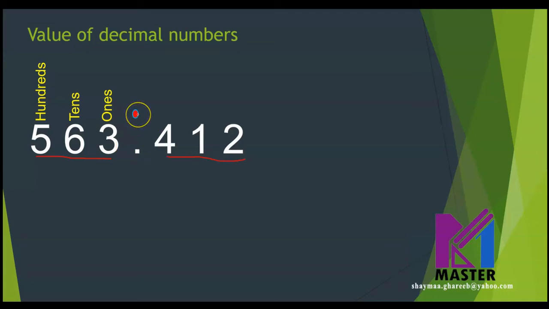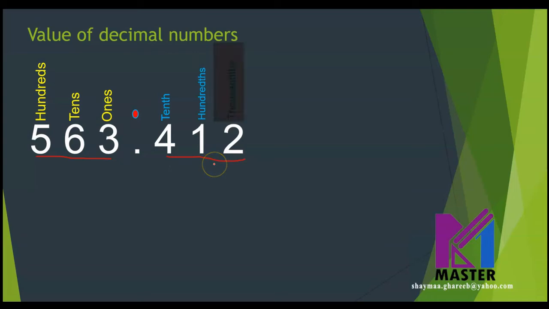Then I put the decimal point to start the decimal part of my number. This 4 is in the first decimal place, which is the tenths. Then this 1 is in the second decimal place, which is hundredths, and this 2 in the third decimal place, which is thousandths. All right, so now let's talk about the value of each digit.